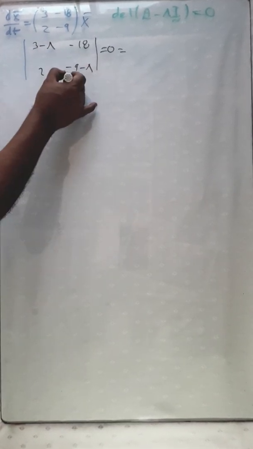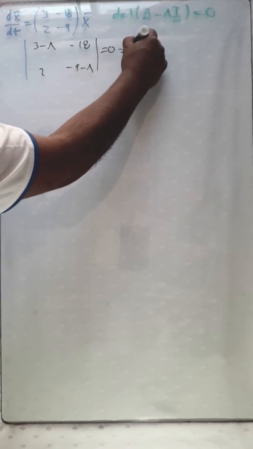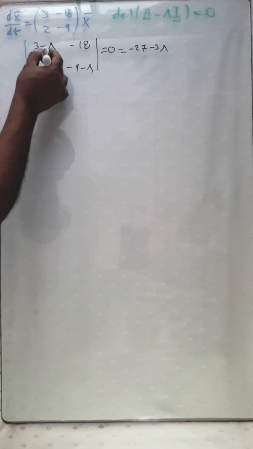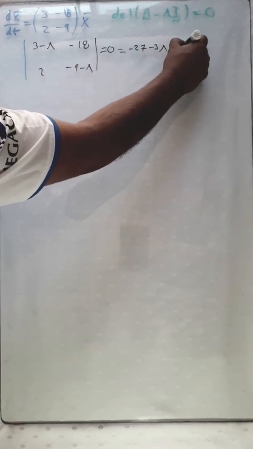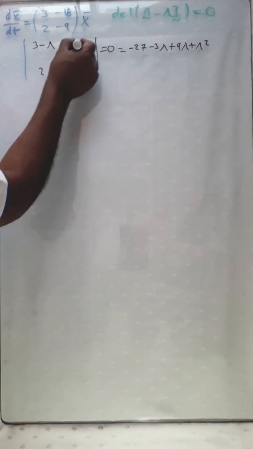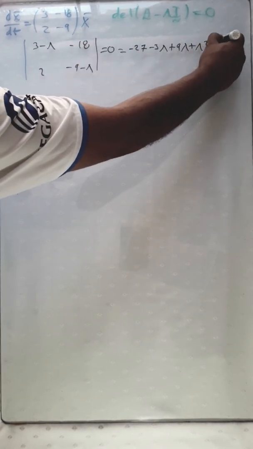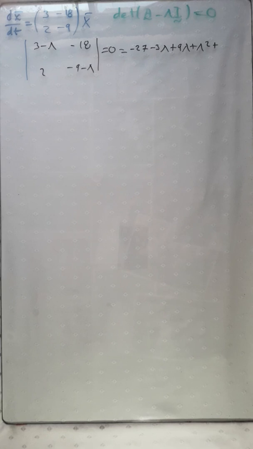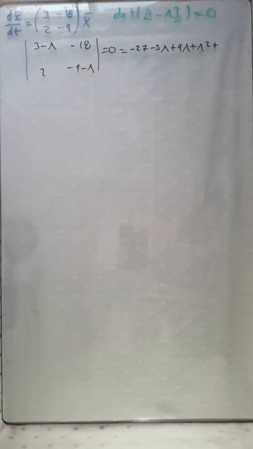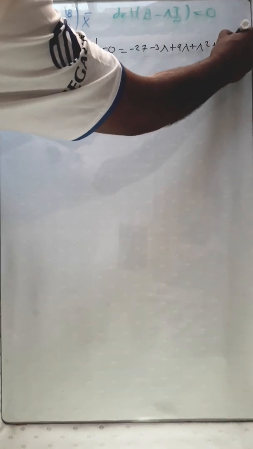3 minus 9 minus 27, and then minus 3 lambda, and then plus 9 lambda, and then plus lambda squared, and then this times this, plus this will be 18 times 2, which is 36.